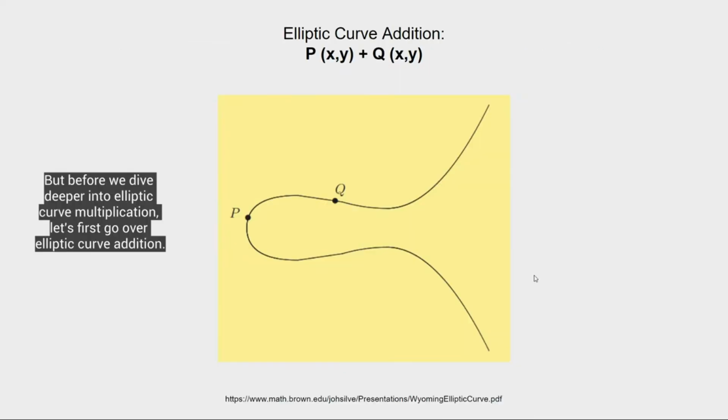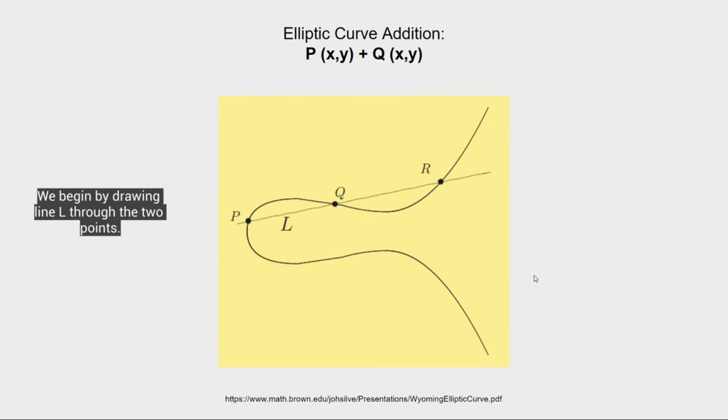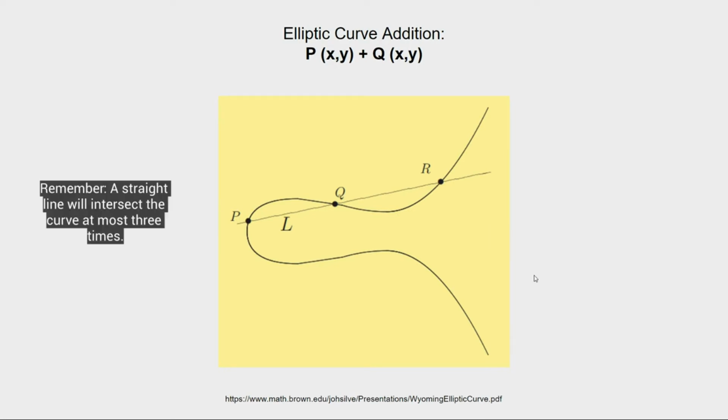private key. But before we dive deeper into elliptic curve multiplication, let's first talk about elliptic curve addition. So in this example taken from the website at the bottom, I want to give them full credit, we will discuss adding point P plus point Q. So we begin by drawing a line called L through P and Q. This results in a third point along the curve, R. Remember, like I just said, a straight line will intersect the curve at most 3 times.